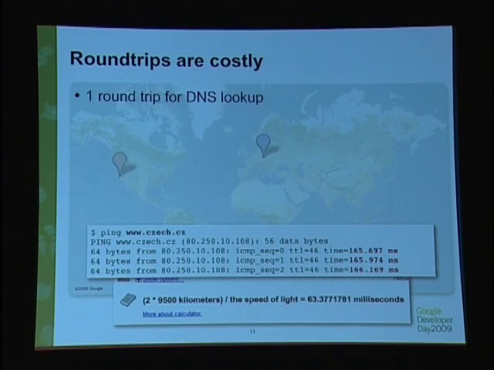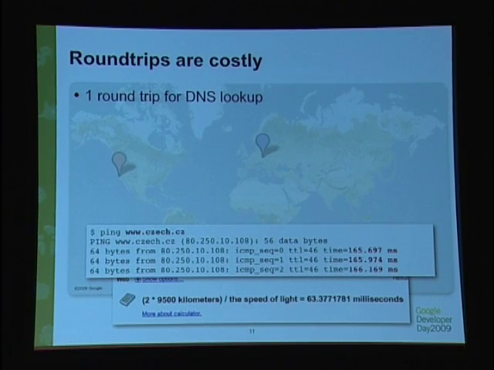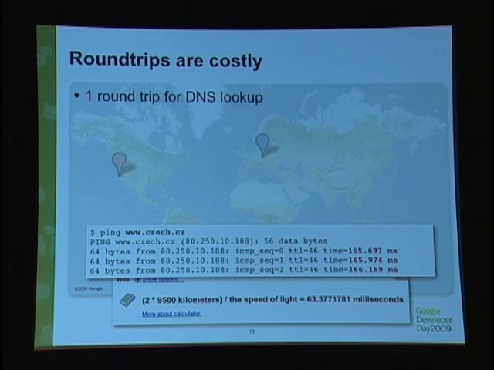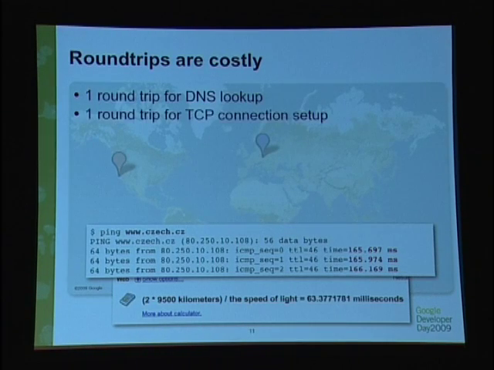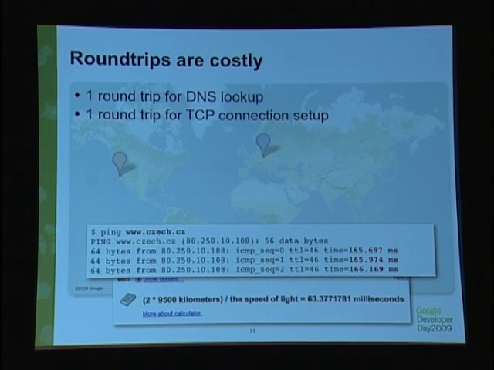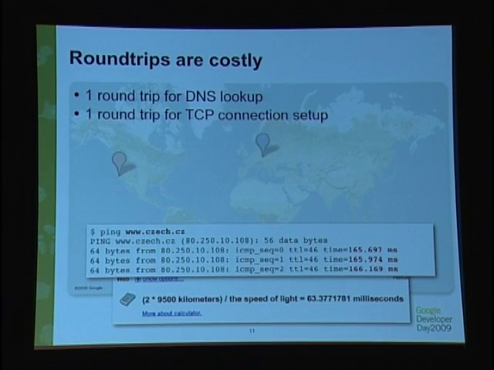That's pretty fast. But now think about all the steps that happen when you enter a URL and you visit a website. There's first a DNS round trip, because I typed in the name of the website. It needs to be translated to an IP address. Then the web browser has to set up a TCP/IP connection. So it has to open up a connection from the client to the server on port 80. That requires sending a packet to the server and the packet replying back that the connection is now open.